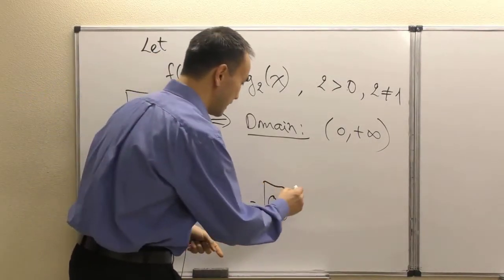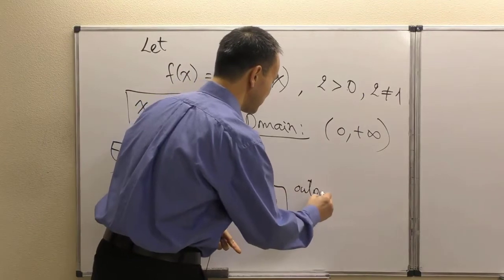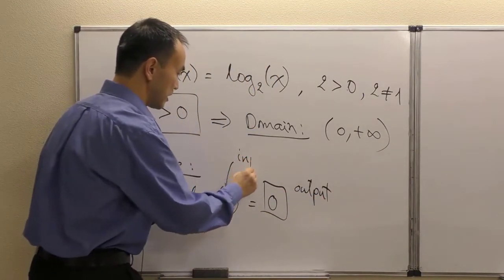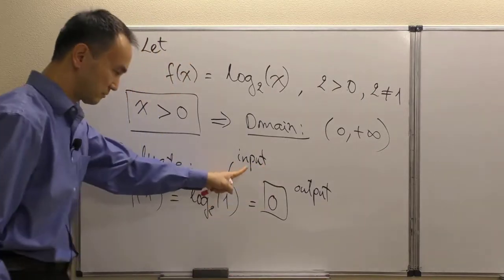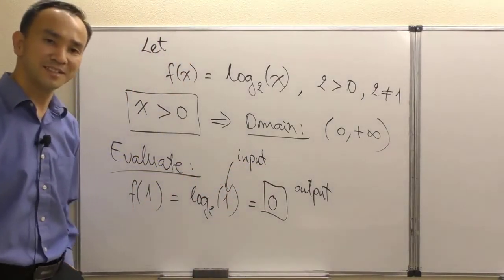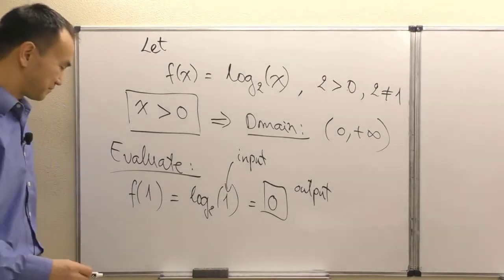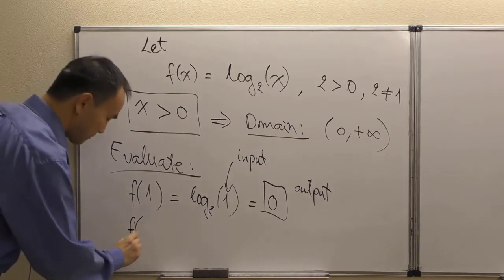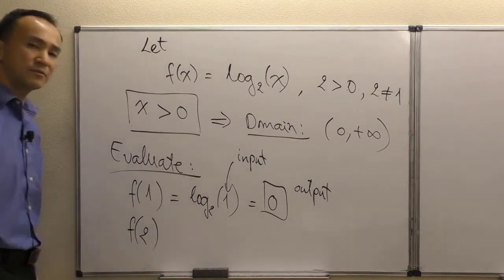So this is the output. This is now the argument of the log, but it was the input of our function. All right, so let's give it a try again. F of 2.